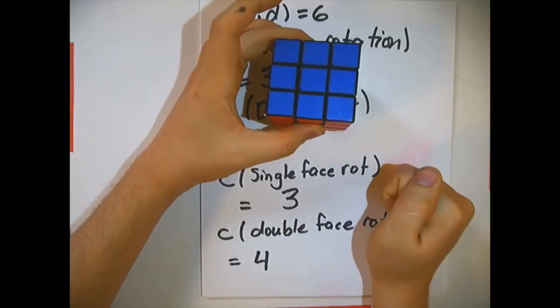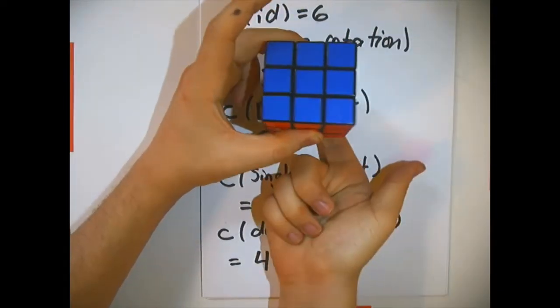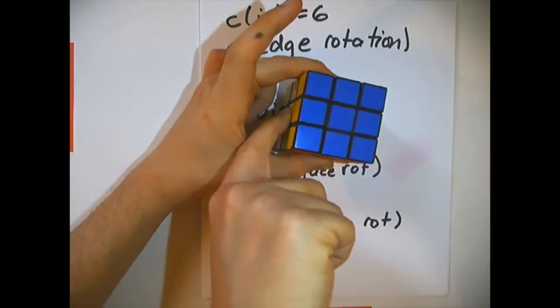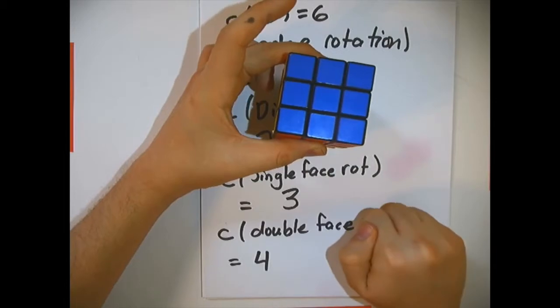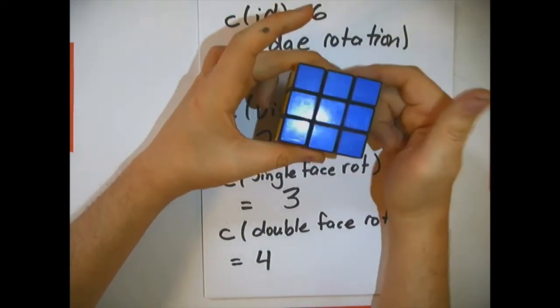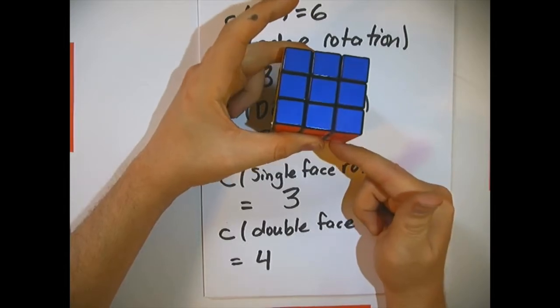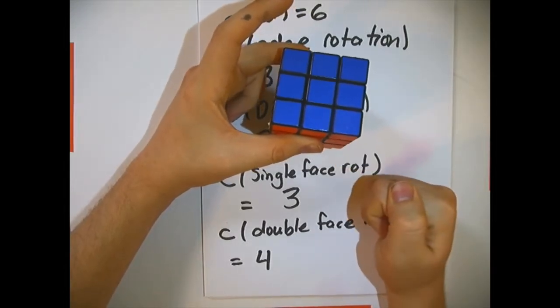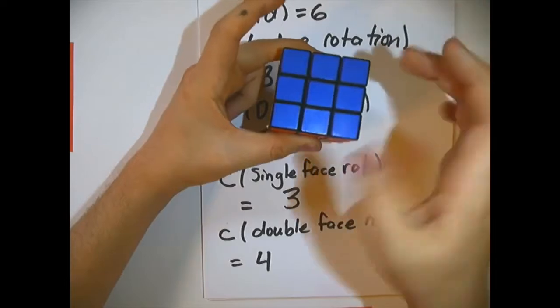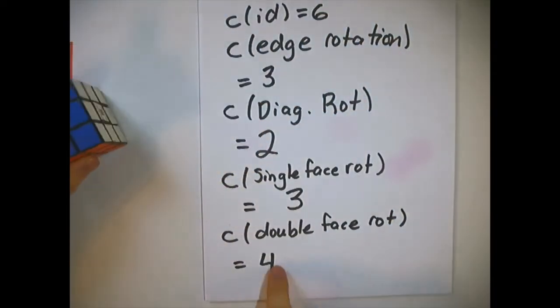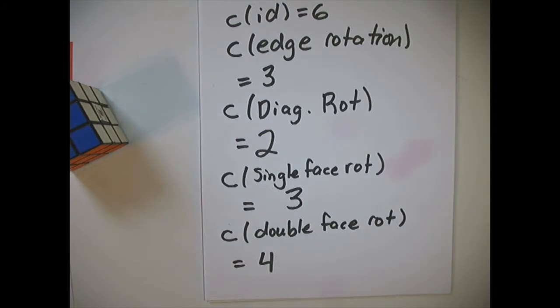So in fact, the blue and green faces are in one orbit. The white and yellow faces are in one orbit. And then again, we have the orbit of the front face because it never moves, and the orbit of the back face because it never moves. So in total, that is 1, 2, 3, 4 orbits. And that is where this 4 cycle number comes from.